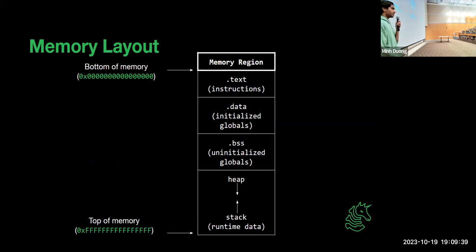And this is a general memory layout. Usually your functions and global variables instructions are stored at lower addresses, and then you have the stack at the very highest address, and the stack grows downward, as in the addresses decrease when you go down.